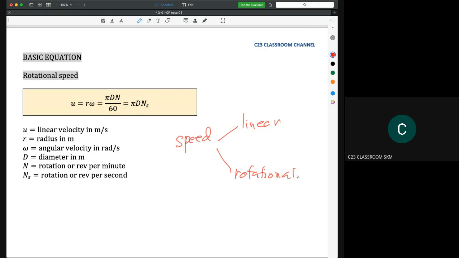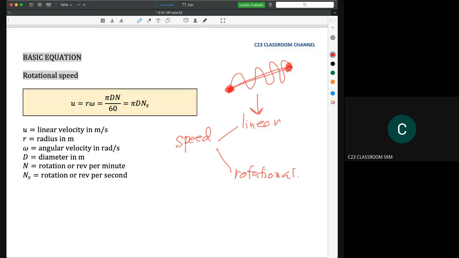So for linear, it is about when we are evaluating one point going to another point, whether it is a straight line or a zigzag line, it could clearly be differentiated that point A is a totally different location from point B. So that's an easy idea of linear speed.